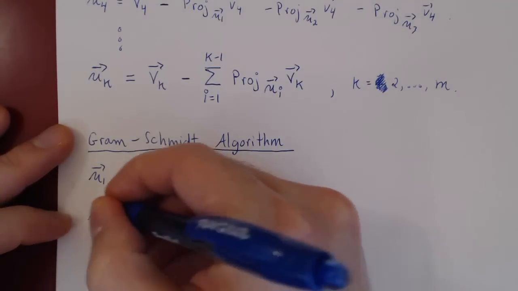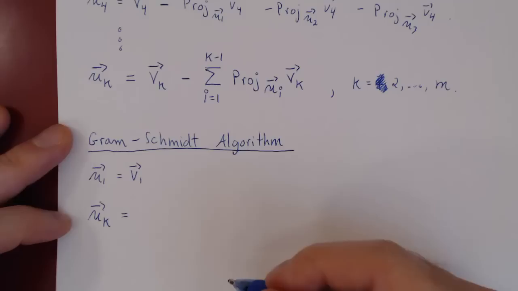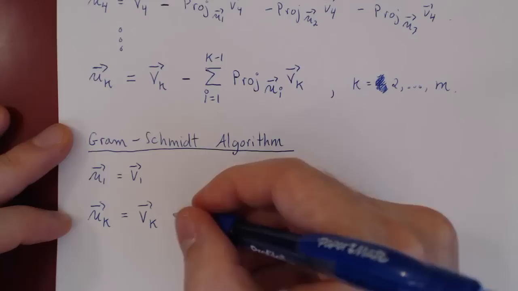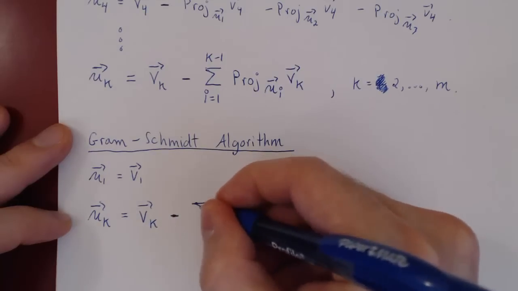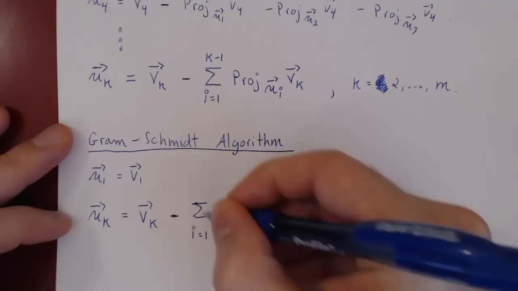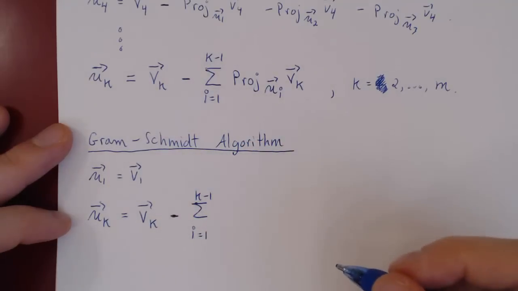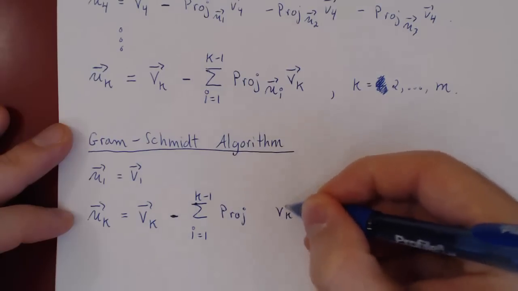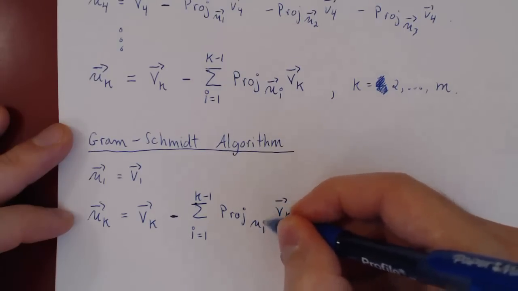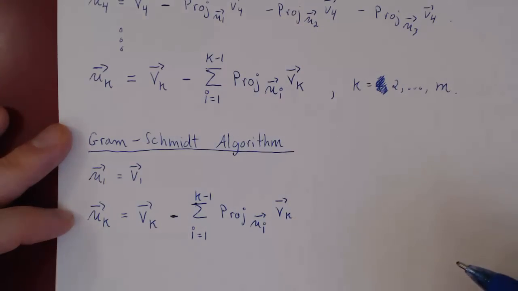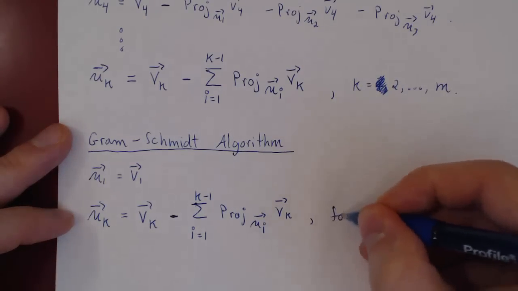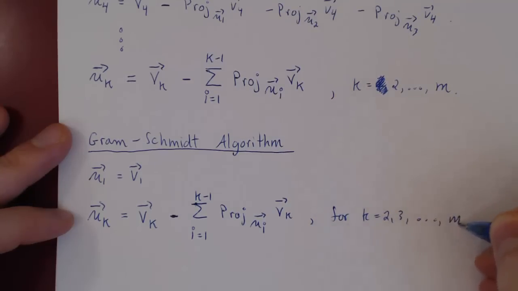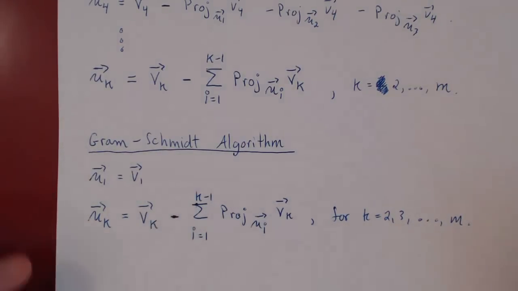The new kth vector of our basis, which will be an orthogonal basis, will be the kth vector of the original basis minus, and we are removing, from all the previous k minus 1 new vectors, the projection of vk onto the new orthogonal basis vectors. And this is again for k equals 2, 3, all the way up to m. And that is the Gram-Schmidt algorithm.